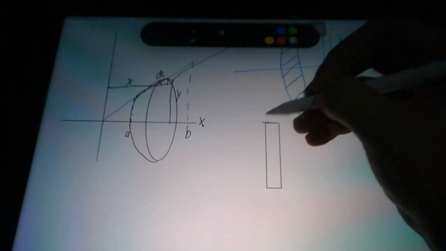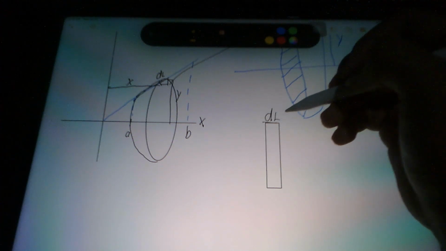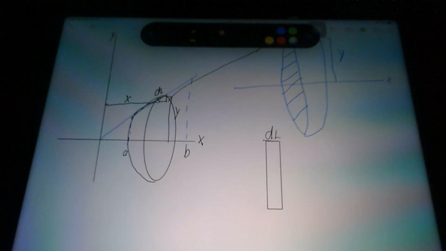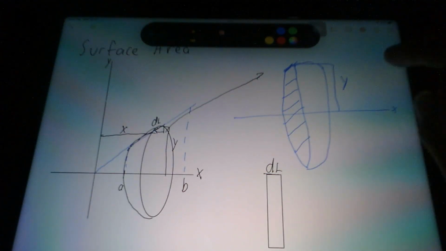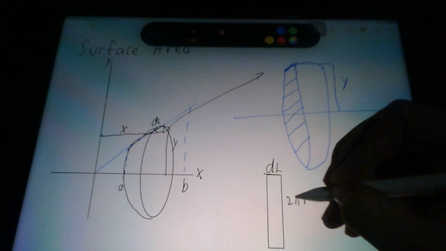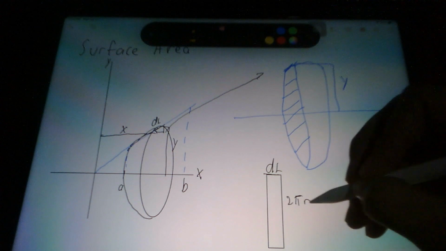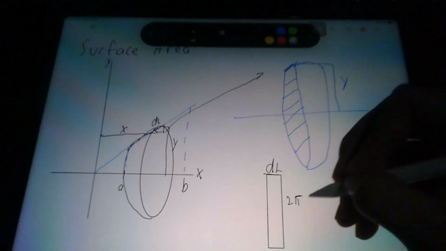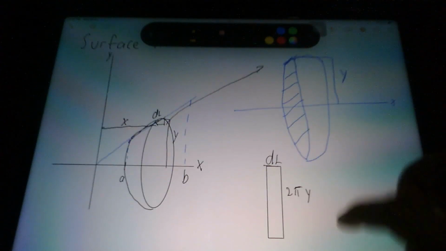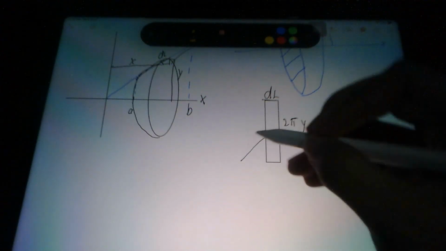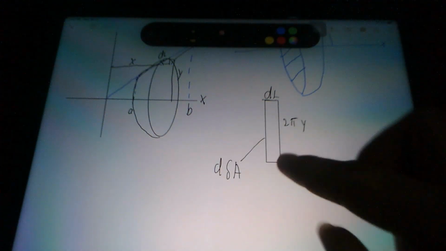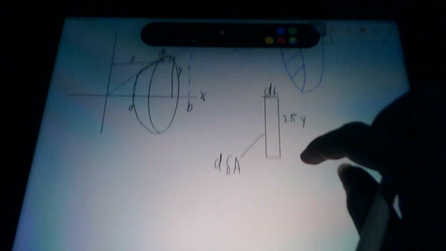So this is our DL, and the circumference of the circle is just 2 pi r. Y here is the radius, so instead of r, we put y because that's our radius. And this strip is our DSA, or our differential surface area.